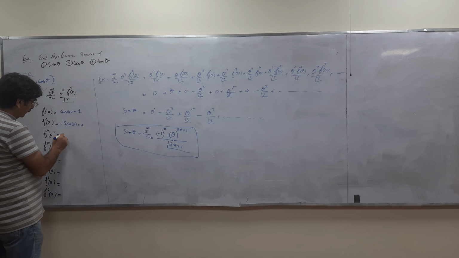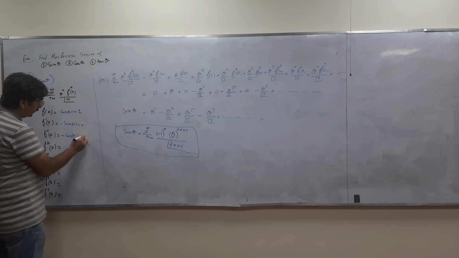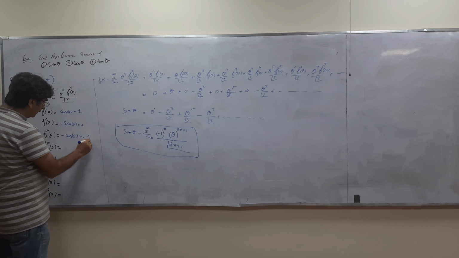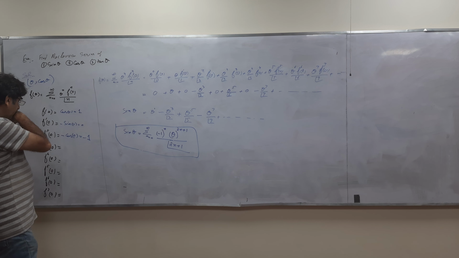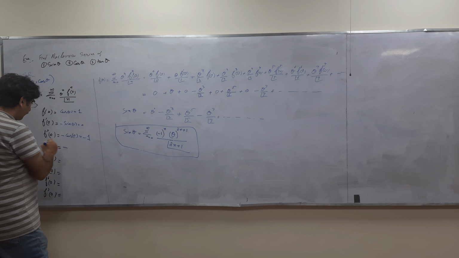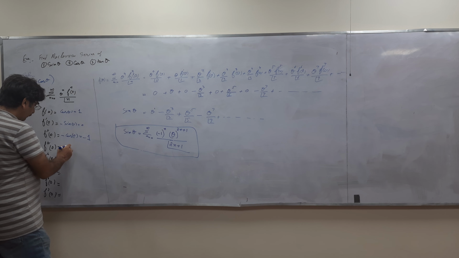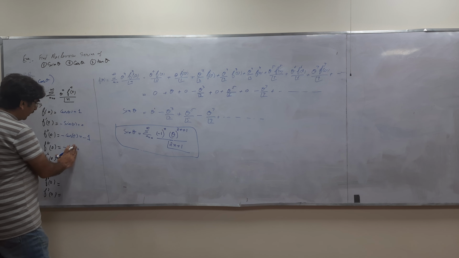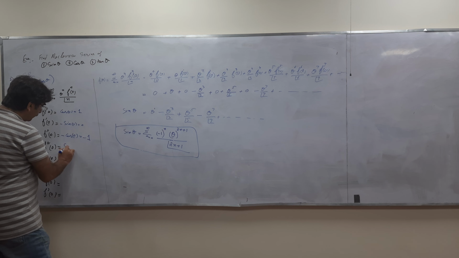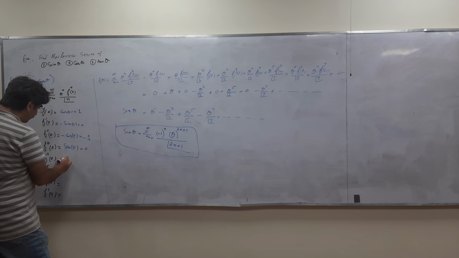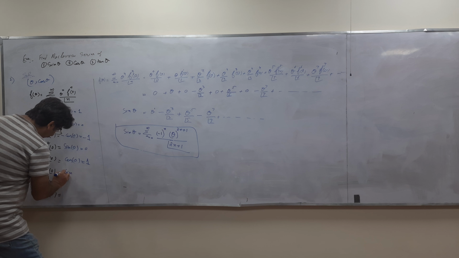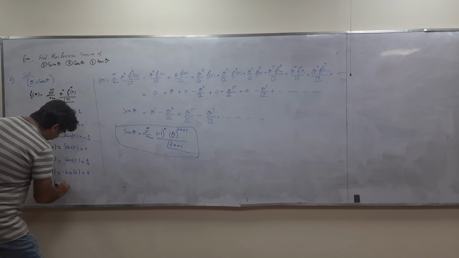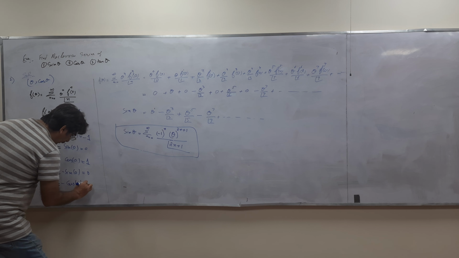Sine 0 is 0, again cos 0 is 1, minus sine 0 is 0, minus cos 0 is minus 1.